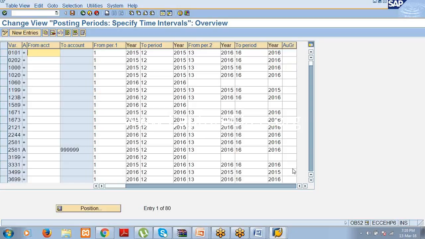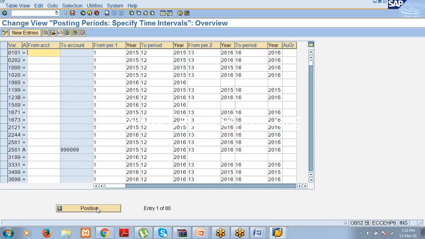Last, after the transaction code, sir, you had given that example. Please tell me that, sir. Okay, click on position.